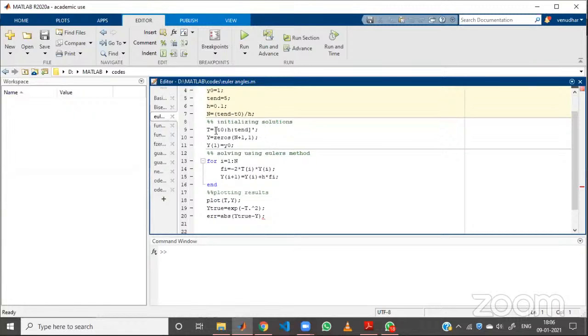What will be t? t equals t0 : h : t end. I think you know how this code will give its output.